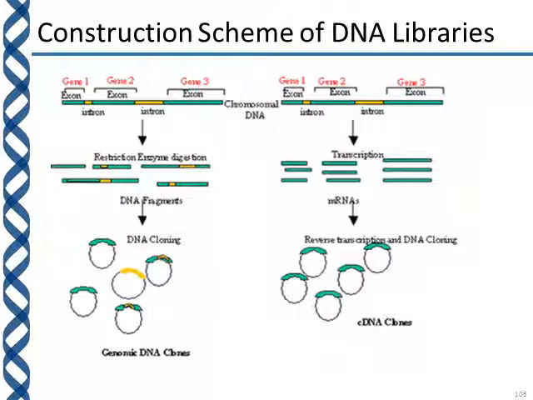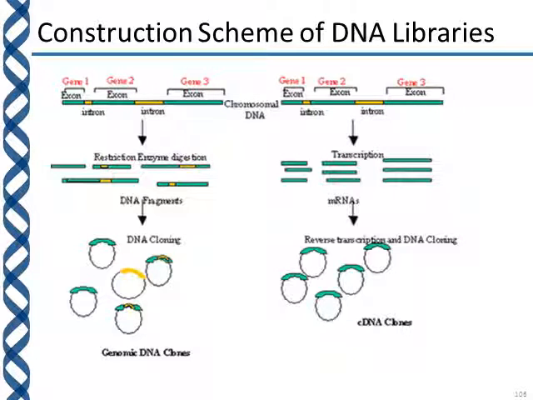So here is an example of the scheme to generate a DNA library. Here we show the chromosomal DNA with 3 genes, and on the left, these are digested with the restriction enzyme. It generates DNA fragments. This DNA is cloned into plasmids.